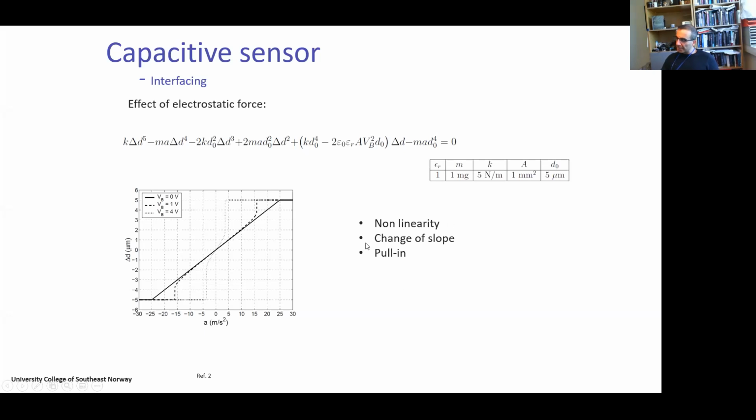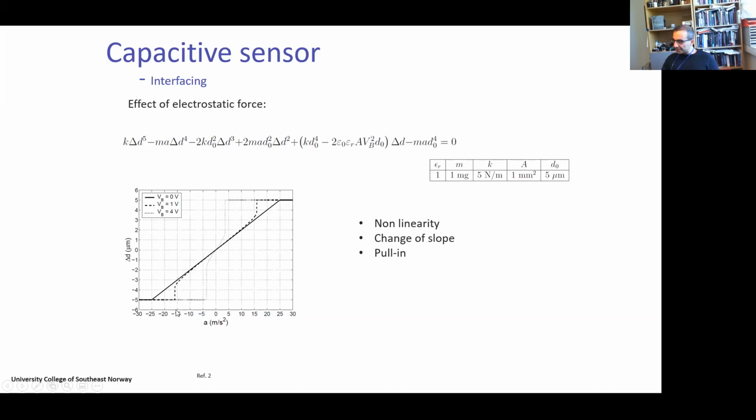Then, obviously the reference is missing here. I don't know why, but I think I have it in the last slide. So we see that by increasing the bias voltage, VB, we will change the behavior of the accelerometer.